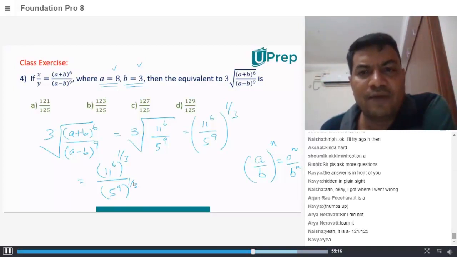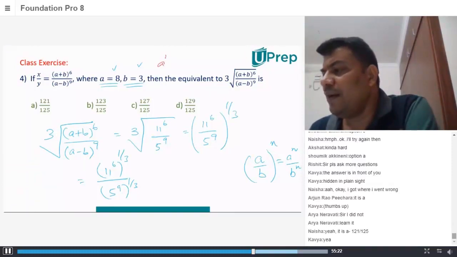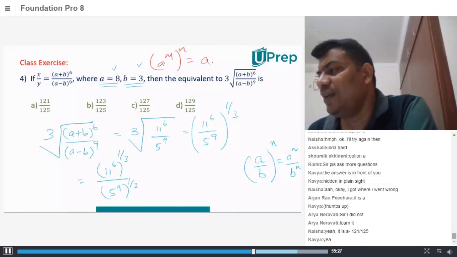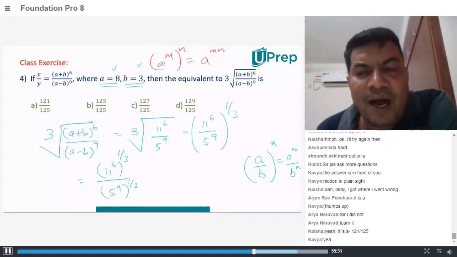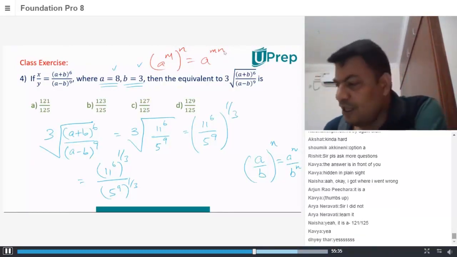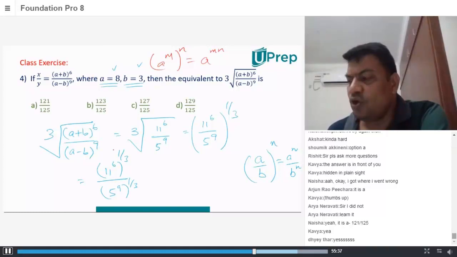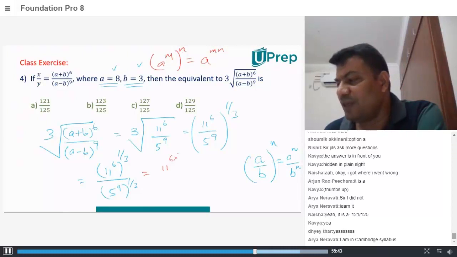Now you have also learned a very interesting formula in your schooling, which is (a power m) whole to the power of n can always be written as a to the power of mn. The powers multiply. Therefore, your 11 power 6 whole to the power of 1 by 3 will be nothing but 11 to the power of 6 into 1 by 3.